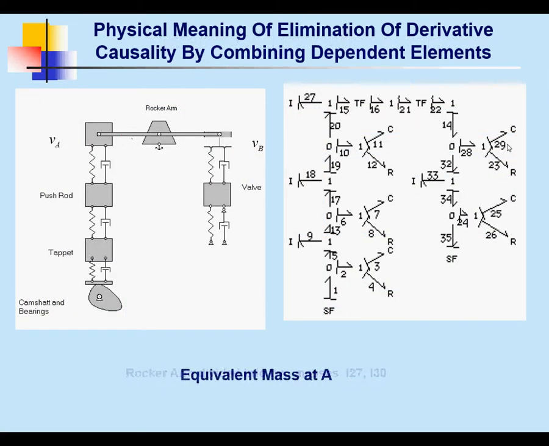But now, what if we eliminate it? We say, I don't really want this derivative form, and we are going to eliminate the derivative form by suppressing that mass that in fact should not be there, and finding an equivalent system that has only one mass on the left-hand side.